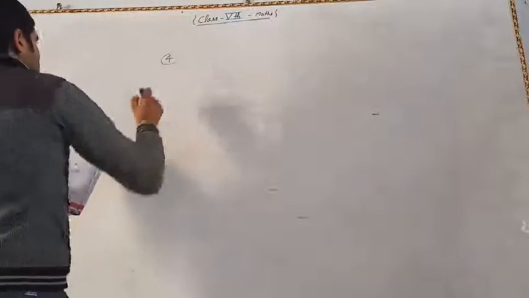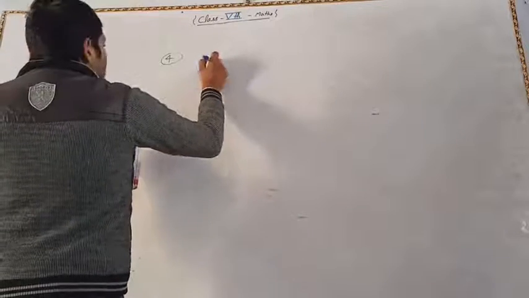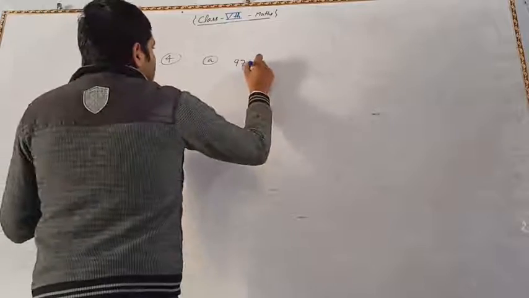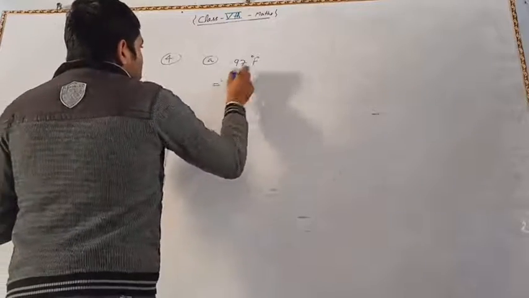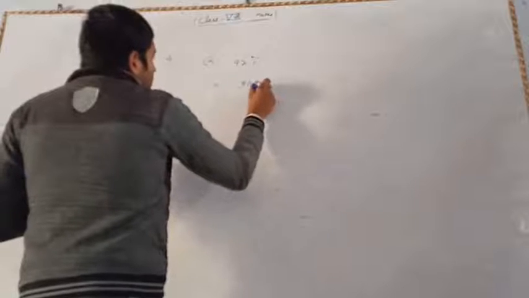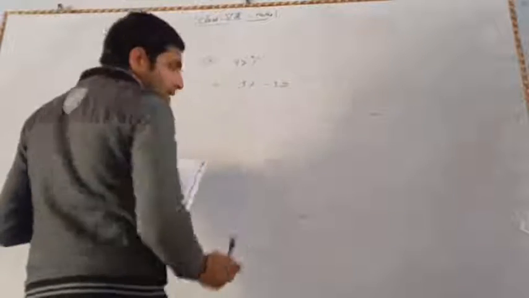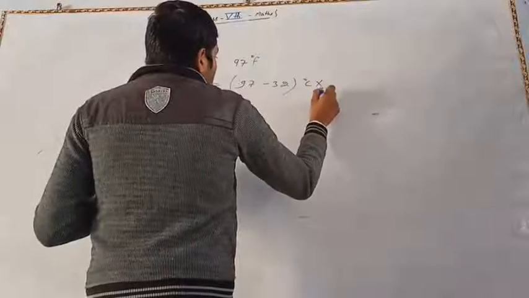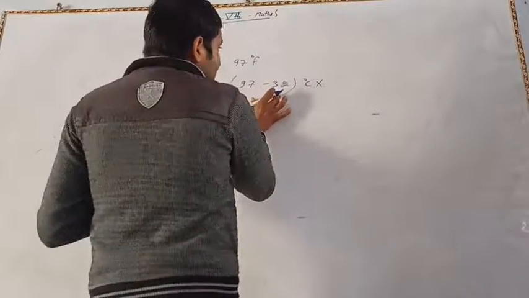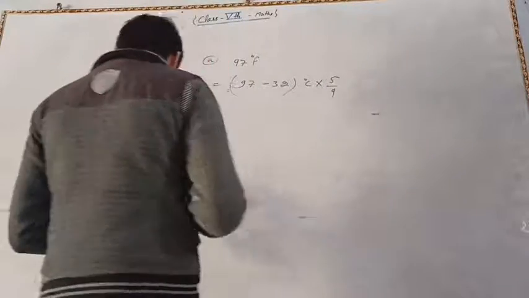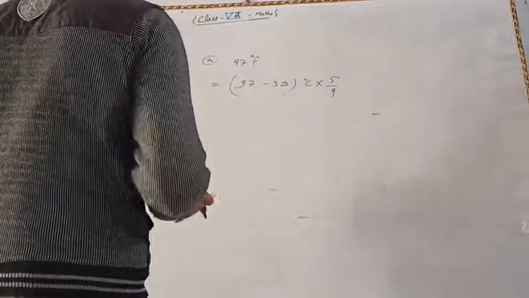Problem number 4, part A: 97 degree Fahrenheit. So you have to convert this into degree centigrade. First of all, we subtract 32 from this, and we also multiply the given temperature by 5 by 9.